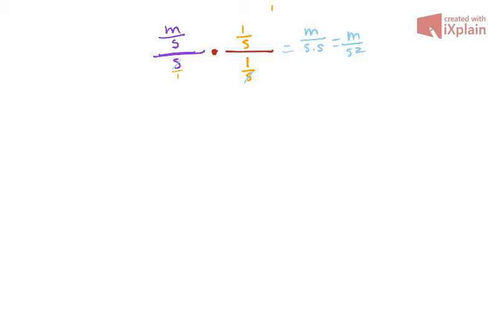Next one. We have meters per second. I think the other one would be meters divided by meters per second. Okay, so again, this is our main fraction.